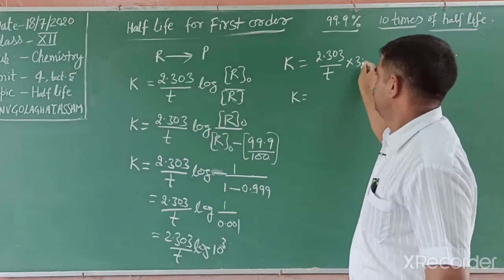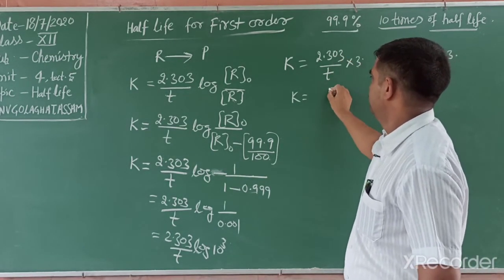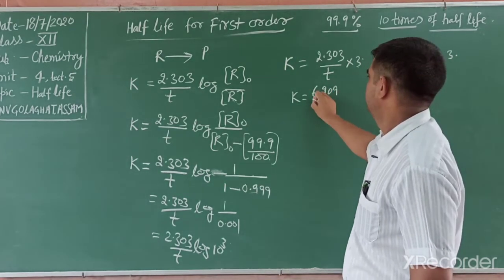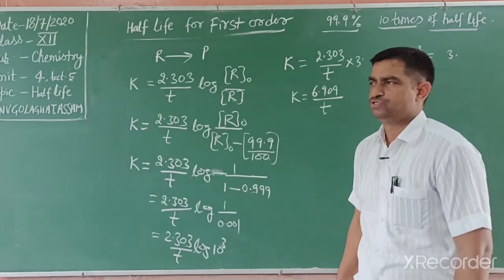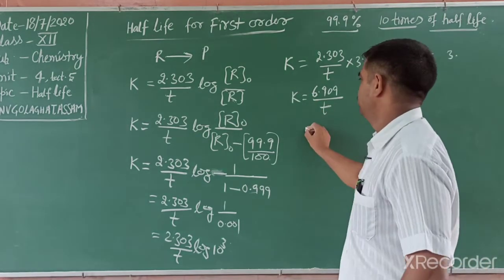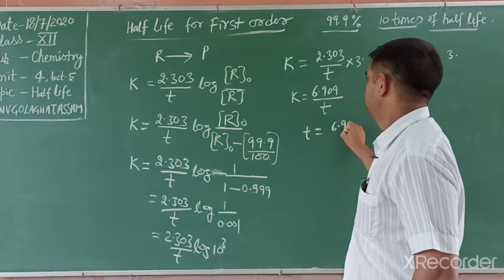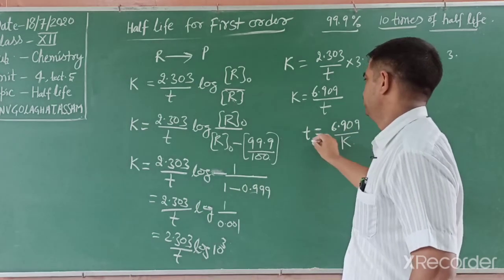So you multiply this, then 3 3s are 9, 6.909 divided by T. So students, in place of T, you can write T is equal to 6.909 by K.